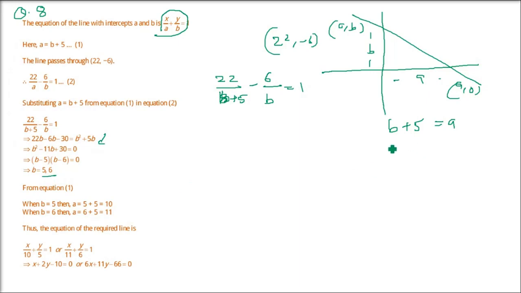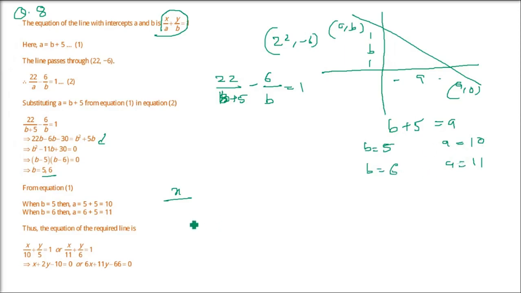I hope you'll be able to do the quadratic equation. So when b is 5, a is going to be 5 plus 5, that is 10. If b is 6, a will be 6 plus 5, that is going to be 11. So what is the equation? There are two equations. In the first case, we are going to take a as 10, b as 5.